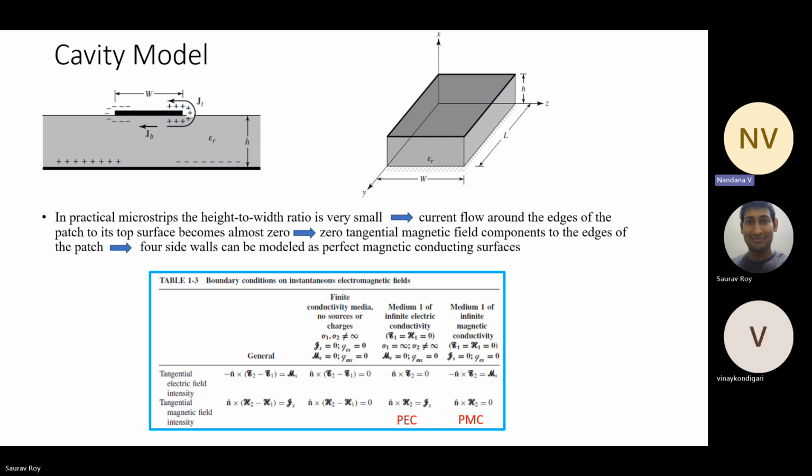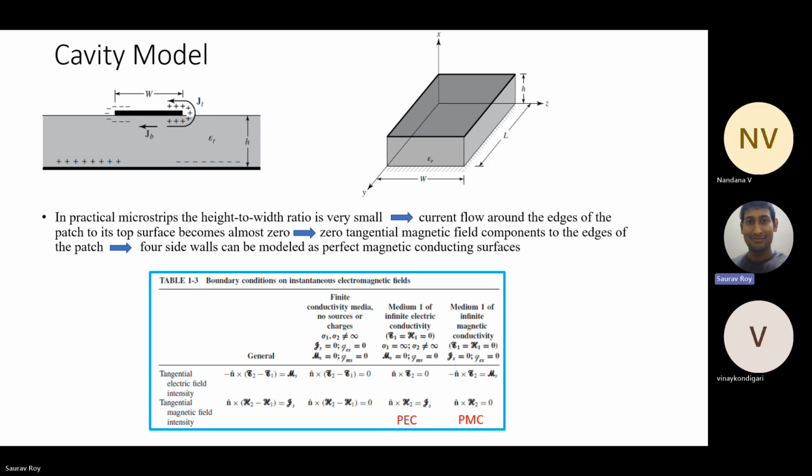Now let's see what happens here. It says in the practical microstrip antenna, the height to width ratio is very small. So that's why the current flows around the edges of the patch, meaning the four side walls. The four side walls are the edges.